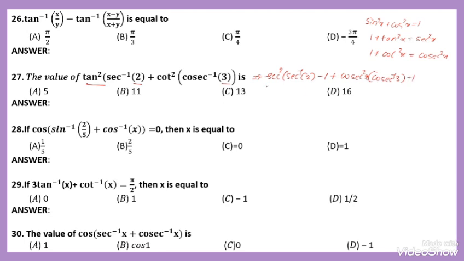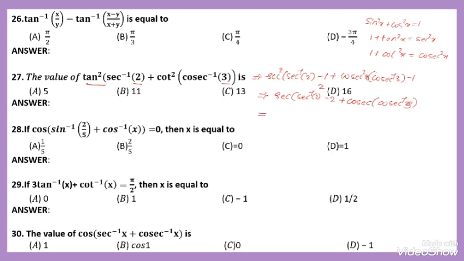Now I can solve by using the property. Sec square can be written as sec of sec inverse of 2, whole square, minus 1, which becomes minus 2, plus cosec of cosec inverse of 3, whole square.